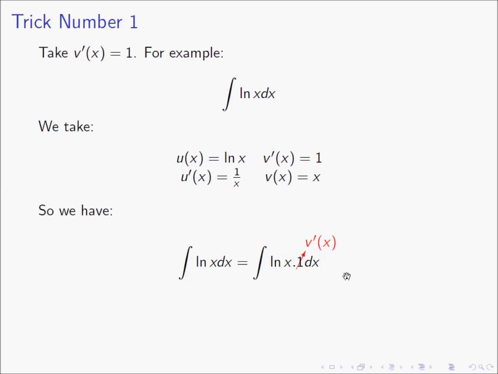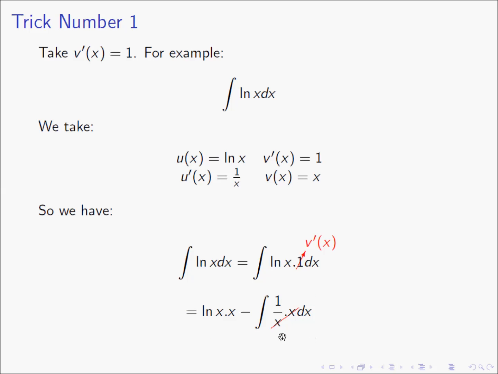So we can use the formula of integration by parts, and we get that this integral equals the natural log, that is u of x, times x, that is v of x, minus this integral, the integral of u prime of x, that is 1 over x, times v, that is x.